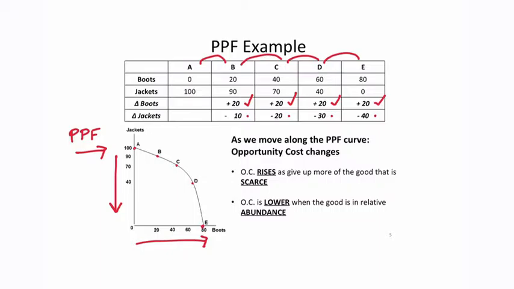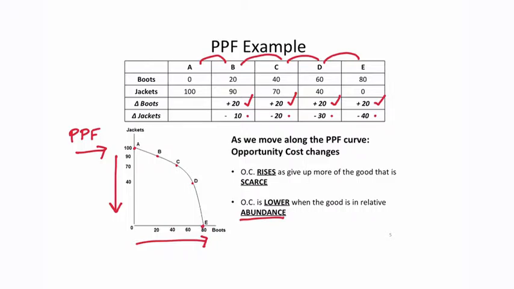We don't want to give up even more jackets to produce an additional unit of the boot if there's already a lot of them. On the other hand, the opportunity cost is low when the good is relatively abundant. So when we have a lot of jackets and few boots, the opportunity cost to produce an additional boot is going to be low because we already have a lot of jackets.